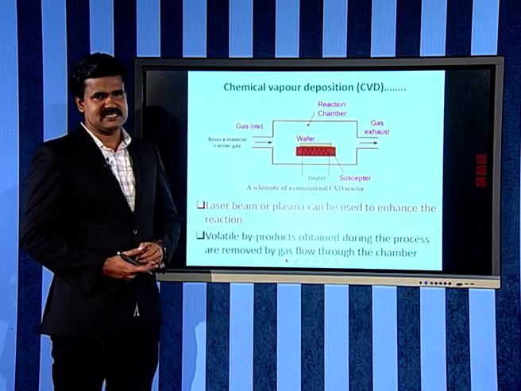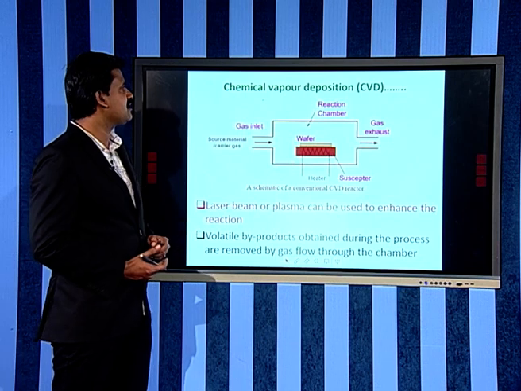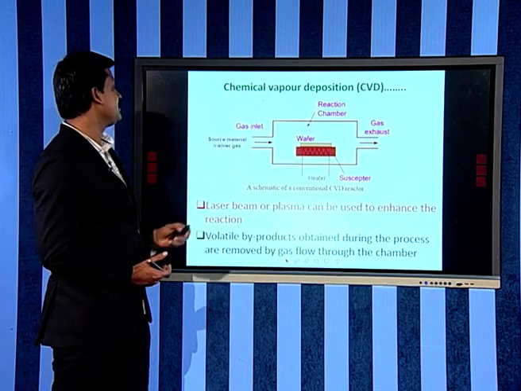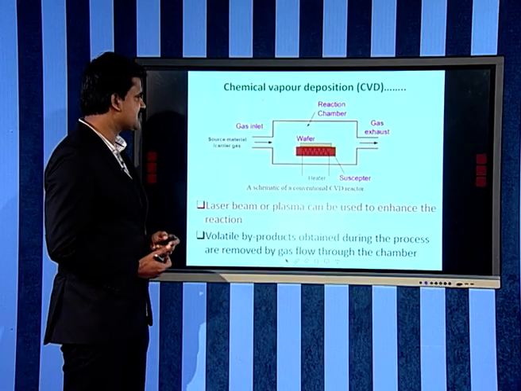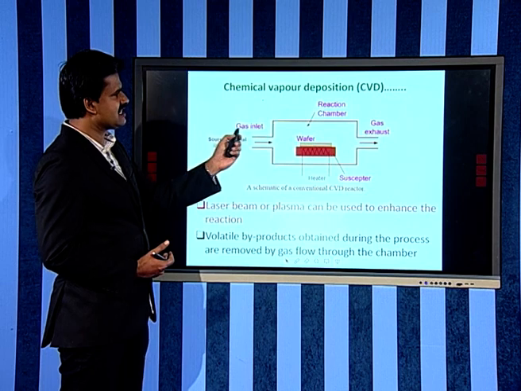This illustrates the chemical vapor deposition setup. There is a source material which is mixed with the carrier gas. A wafer or the substrate is placed at the middle of the chamber. This is the reaction chamber. After the reaction, there is a gas exhaust.